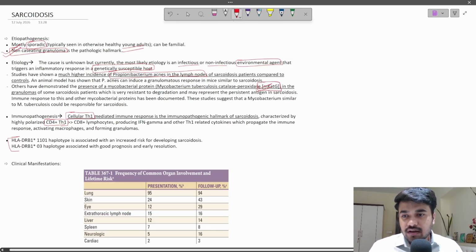One of them is 1101, which is associated with an increased risk for developing sarcoidosis, while the HLA-DRB1 03 haplotype is associated with good prognosis and early resolution. A trick to remember this: the higher the number, the higher the risk for sarcoidosis, while the smaller the number, the better the prognosis and faster the resolution.